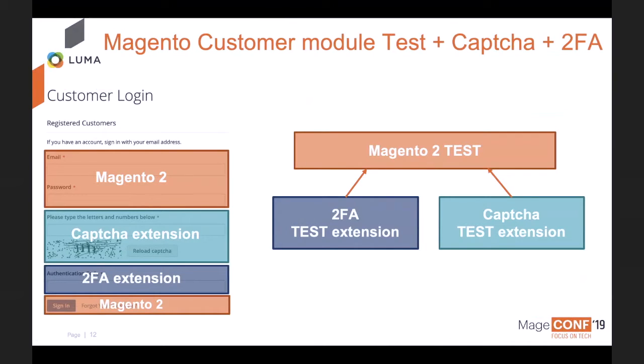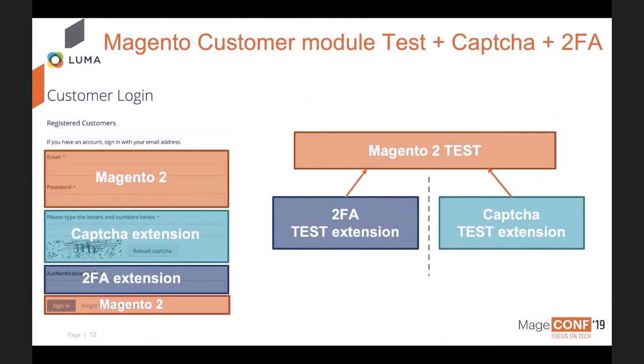The good part is that both of these extensions know only about Magento. They know only about the Magento 2 test, and when they extend this test, these two extensions do not know about each other and are not dependent on each other.